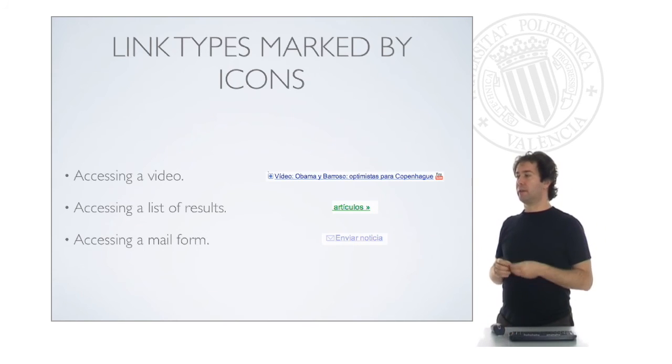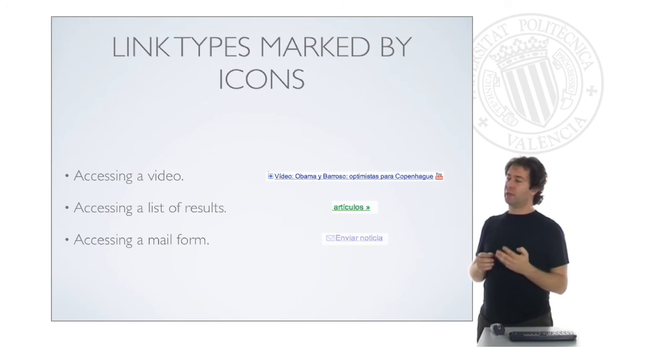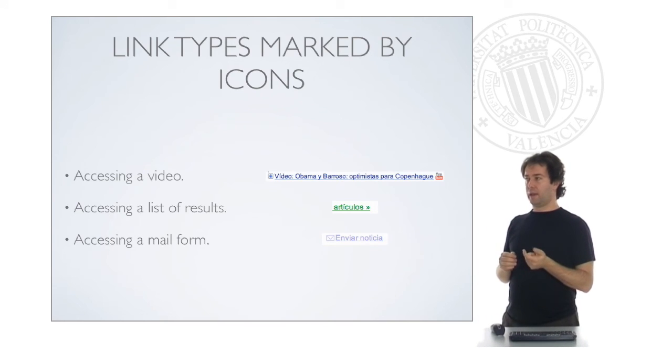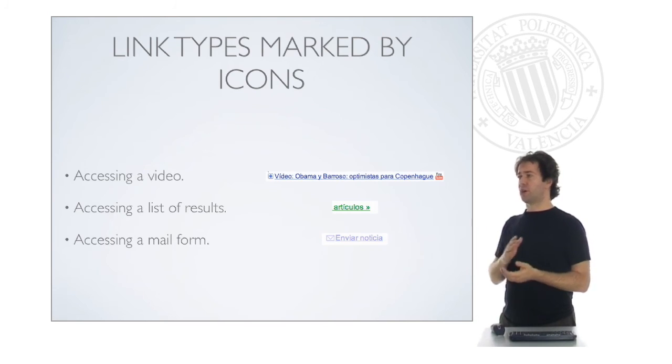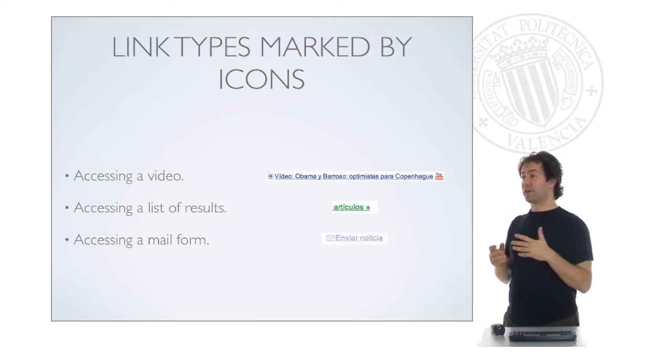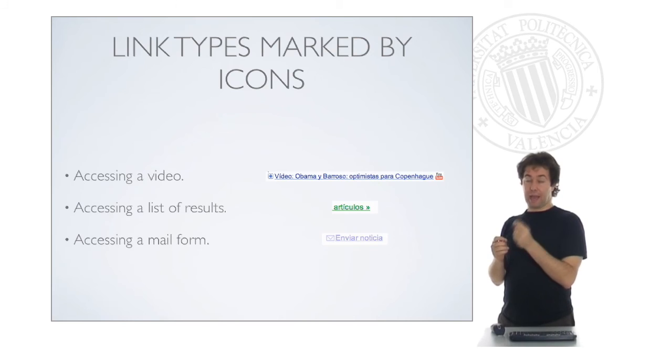A third example in Google News is this. They are using also links which are marked by icons. There are different types of links that produce different behaviors, and they're indicating that they have different behaviors using some icons.